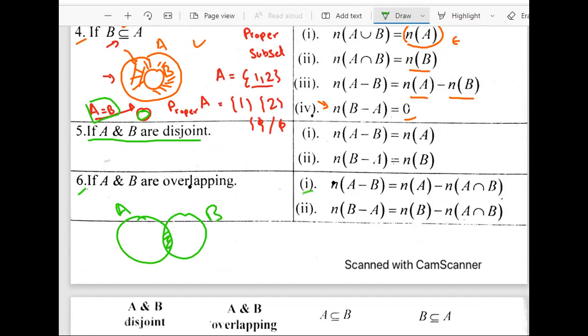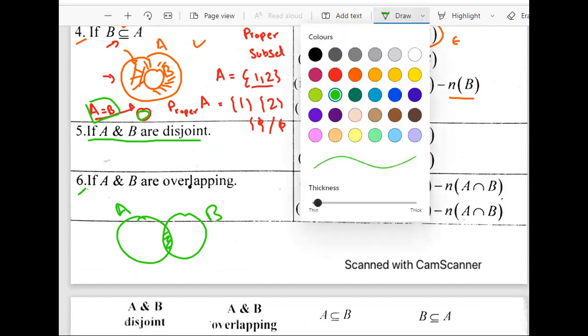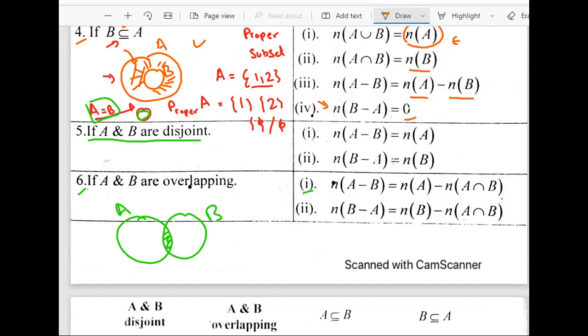Then the number of elements in A minus B equals the number of elements in A minus the number of elements in A intersection B, right? Do you guys agree? Number of elements in all of A except the intersection region. And that basically is this orange shaded region, right? Is this understood?